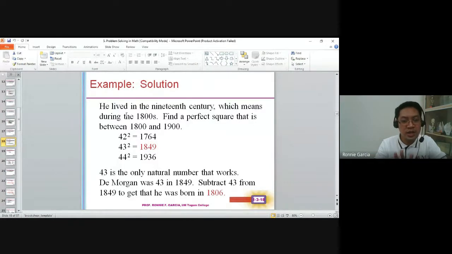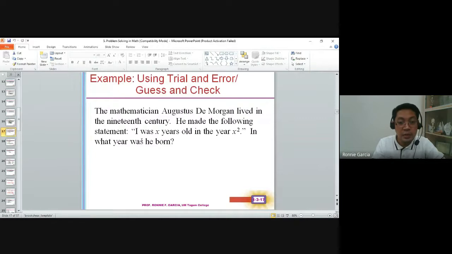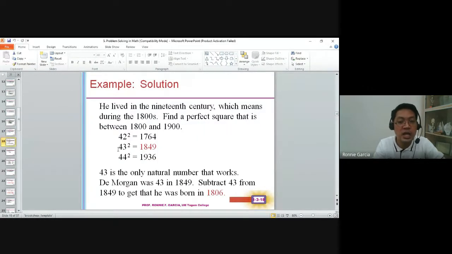If you try squaring all the numbers and you have a lot of time, you will see that 43 squared gives 1849, which falls in the 19th century, since 43 times 43 is 1849. But 1849 is not the answer. According to the problem, I was X years old in the year X squared, so he was 43 years old in the year 1849.